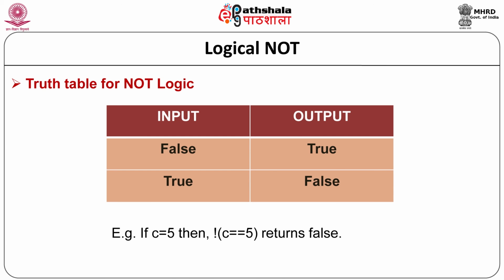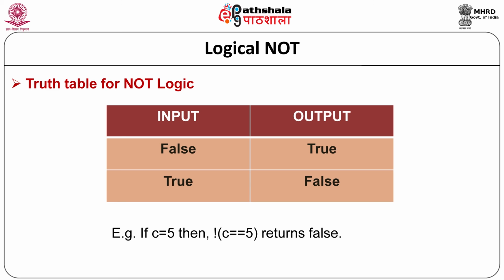Now let us go to the logical NOT gate. You know the logical NOT gate is inversion of input. When input is 1, output becomes 0, or when input is 0, output becomes 1. Now this is a very simple logical NOT gate operator. You can see in the truth table when input is false, output is true, or when input is true, output is false.